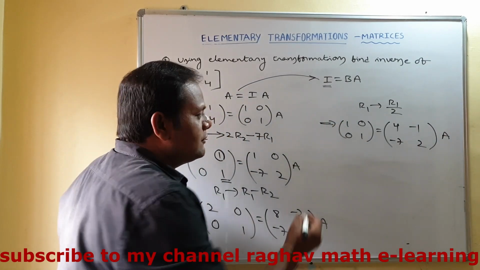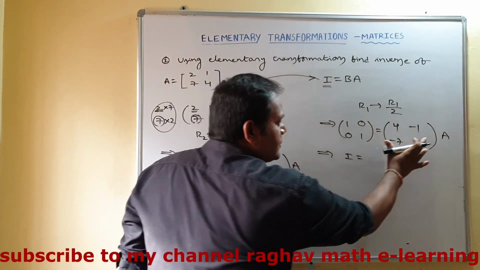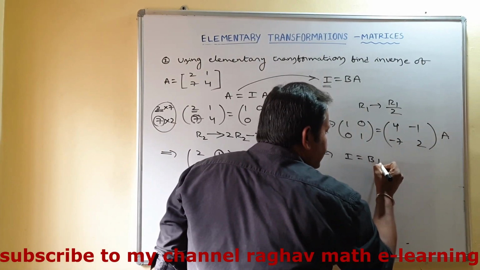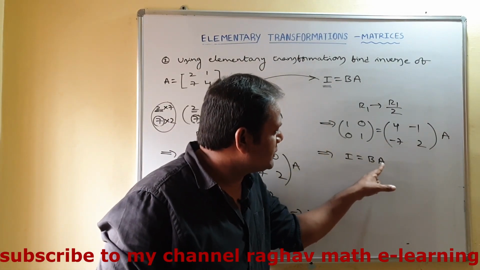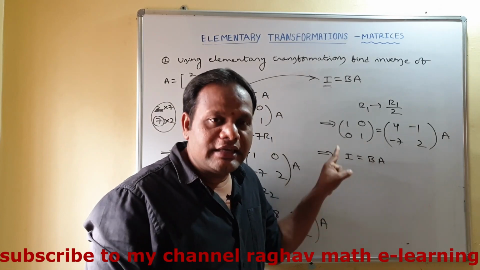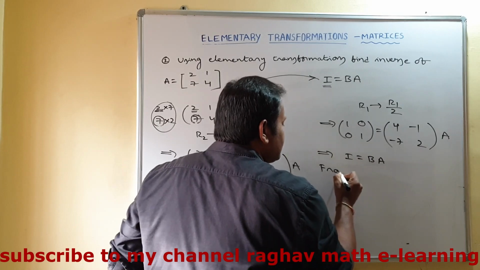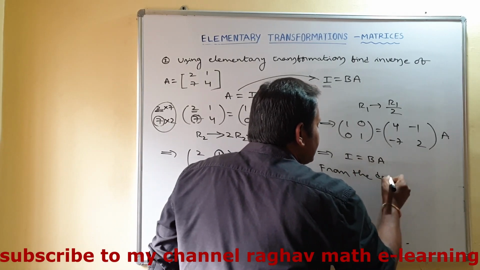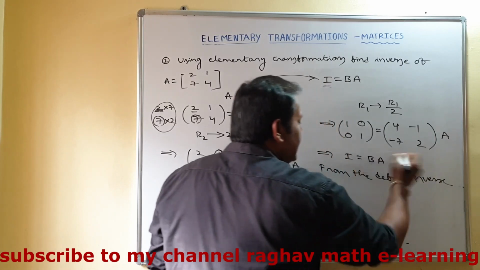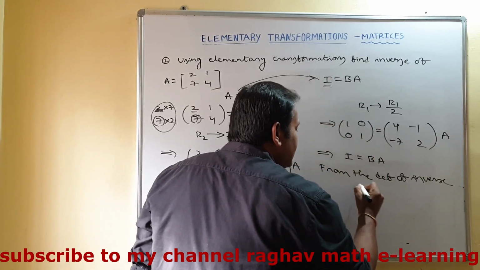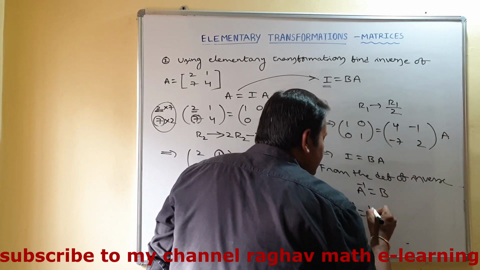Yes. We got the identity matrix is equal to some other matrix B into the given matrix A. We got the product of two matrices as the identity matrix. So from the definition of inverse, A is invertible and A inverse is equal to B. So what matrix did we get in place of B?